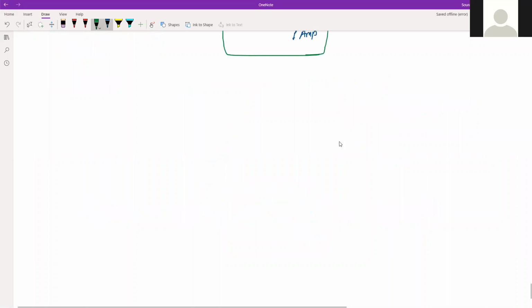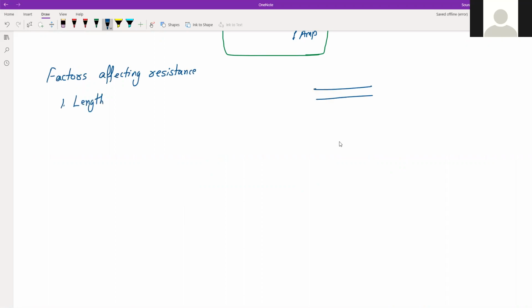Next, the factors affecting resistance. We'll try to understand this. One is length. Suppose this is the conductor, which is only this much long, and there is another similar conductor but of larger length.